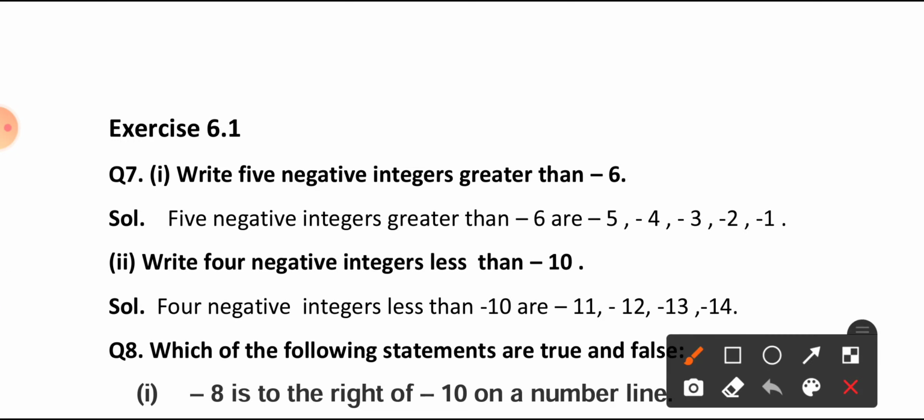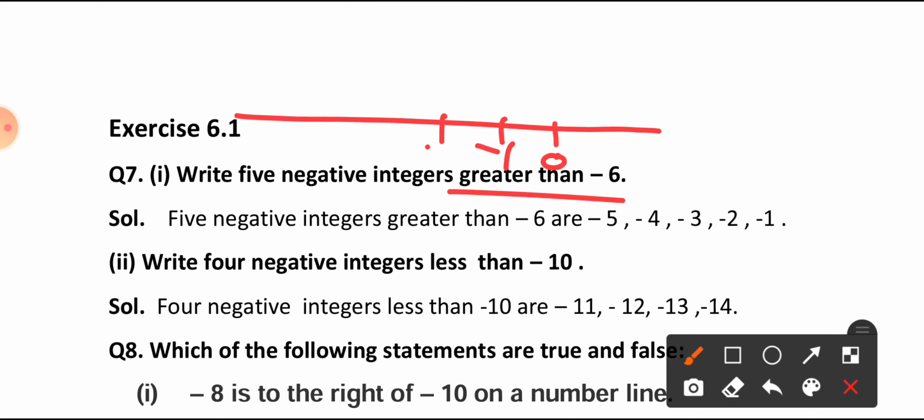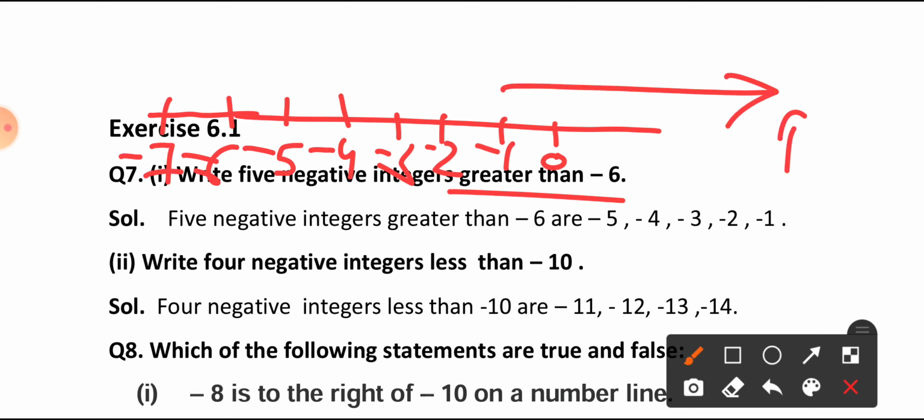So we know that if you make a number line, write here 0, minus 1, minus 2, minus 3, minus 4, minus 5, minus 6, minus 7, and we know that on the number line, as we move to the right hand side, the value of the number increases.